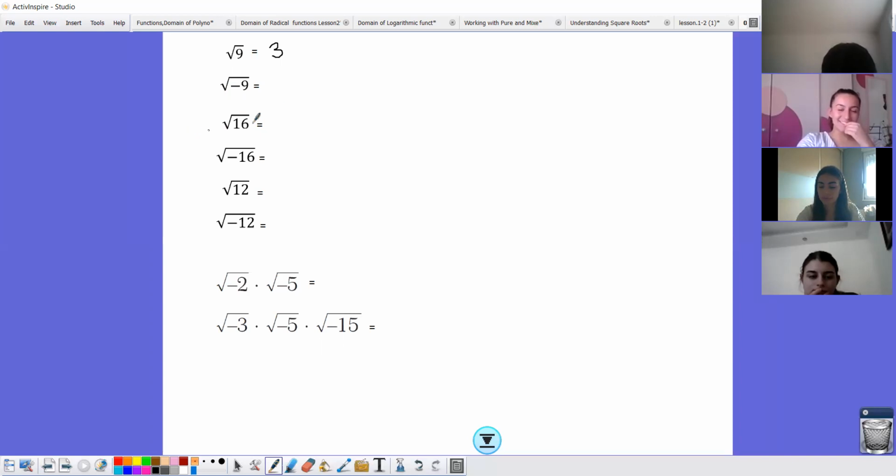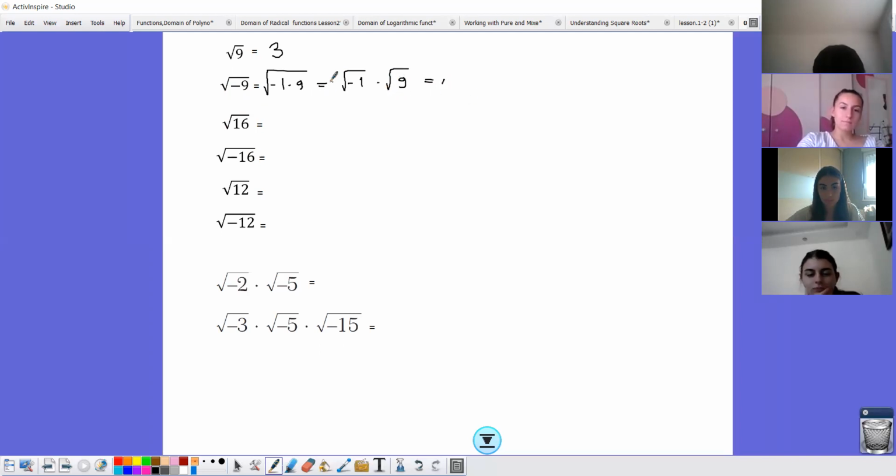No. Let me write this one as root of -1 times 9. I will separate it: root of -1 times root of 9. Now what did we say for root of -1? It will be plus or minus, and the letter i, and the other one will be times 3.